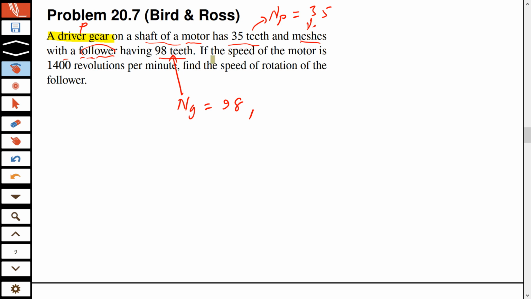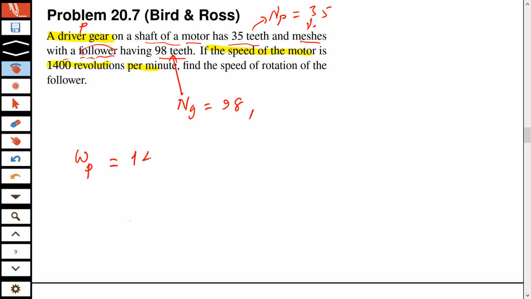If the speed of the motor is 1400 revolutions per minute, so the speed of the motor, omega, now motor is connected to the pinion, so that will be omega P. Speed of the motor is the same as speed of the pinion because motor is connected to the driver or pinion.